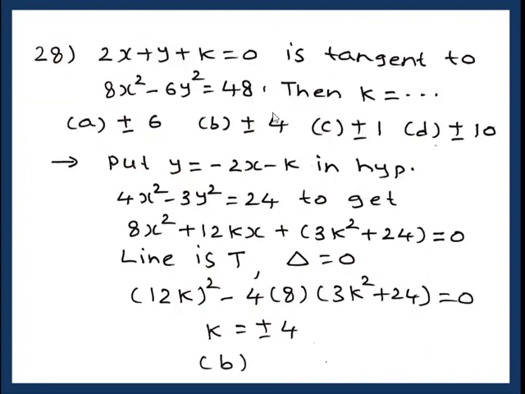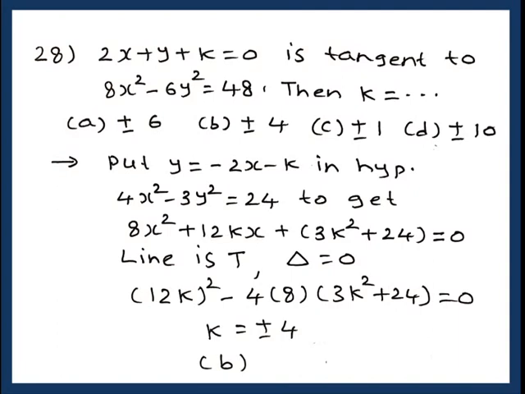Now this is one more sum on tangency. 2x plus y plus k equal to 0 is tangent to this hyperbola, then k equal to. See, if you know the condition of tangency to hyperbola, then you get answer easily. But as you haven't done this, you can use this method. From the equation, what is y? Minus 2x minus k. Now put this in the equation of hyperbola. Simplify to get this quadratic equation.